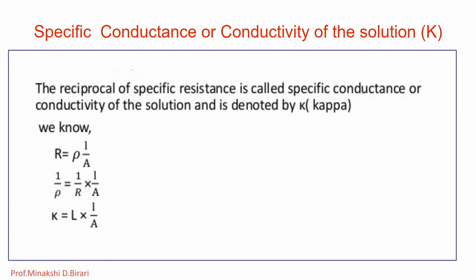Specific conductance or conductivity of the solution is also represented by the symbol Ls, and it is also the reciprocal of specific resistance. Therefore, the unit is mho because it is the reciprocal of specific resistance.